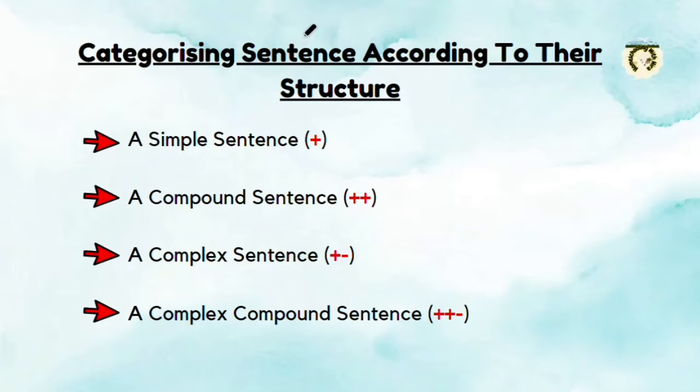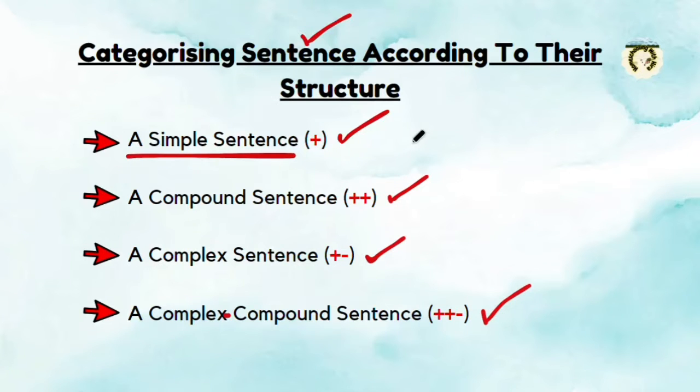We can talk about sentences in different ways, right? But in today's video, we will talk about these four categories of sentences: simple sentences, compound sentences, complex sentences, and complex compound sentences, right? Most of us usually write simple sentences, which indicates that our writing standard is a bit low, and we struggle in reaching the target of 350 words or 400 words of essay, right?